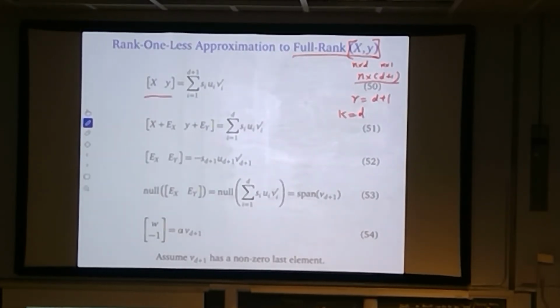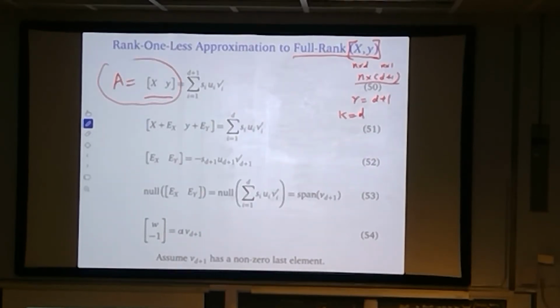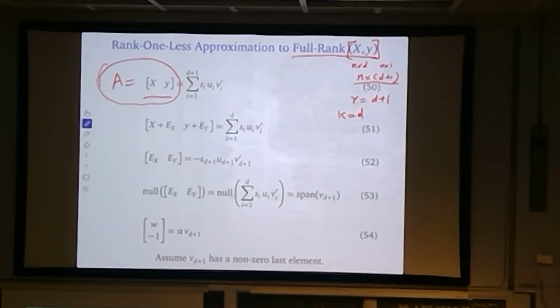So we know that this is my matrix. I'm going to apply that theorem. This is my matrix A, okay? I'm going to do the SVD on this A. Initially, the rank is d plus 1, so it's summing from 1 all the way to d plus 1: singular value, left singular vector, right singular vector transpose.